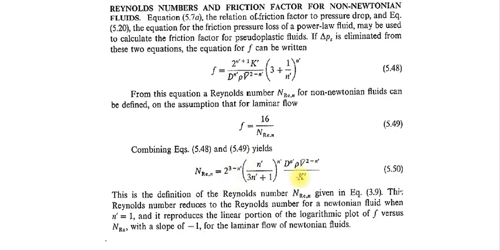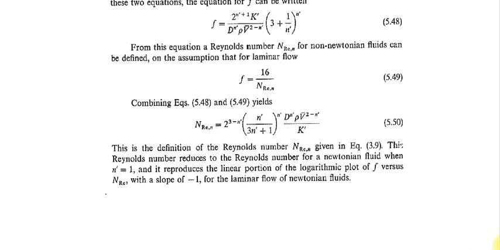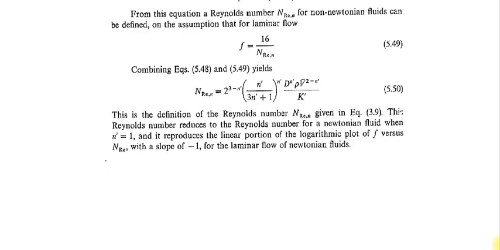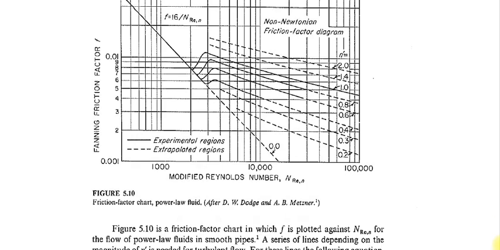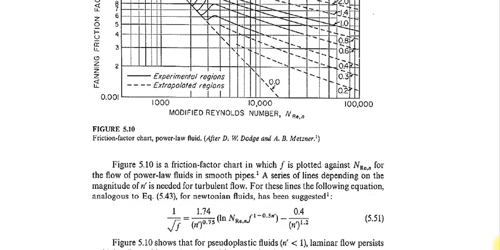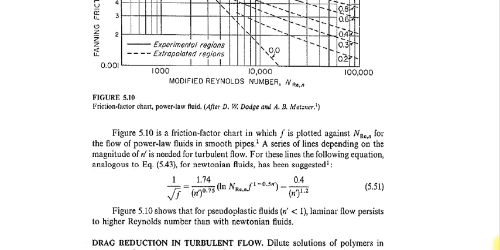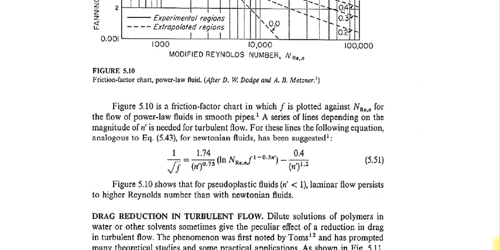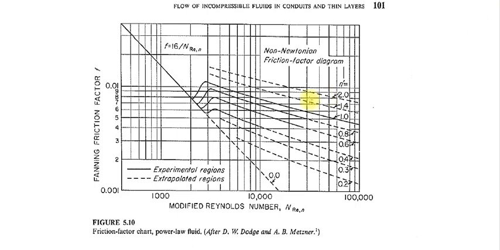So this is the same n. The value of n is 1 for the Newtonian fluid, and it may take different values for different types of fluids. For a pseudoplastic fluid it should be less than 1, and for a dilatant fluid it should be greater than 1. This is a similar Moody's type of chart for non-Newtonian fluid for calculating the friction factor.